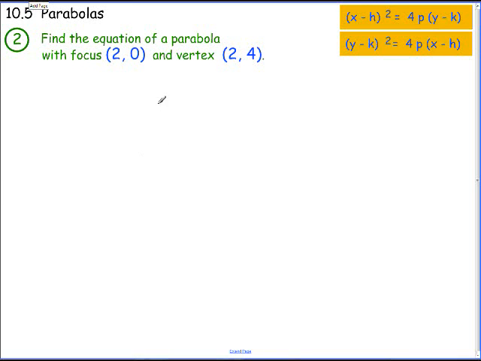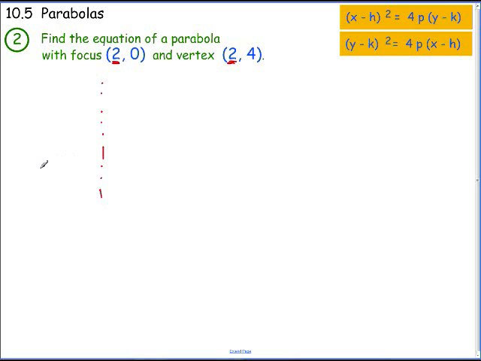We'll try this one. Here we have a focus at 2 and a vertex at 2. So the thing that's not changing is my x. So that tells me that my axis of symmetry is going like this.